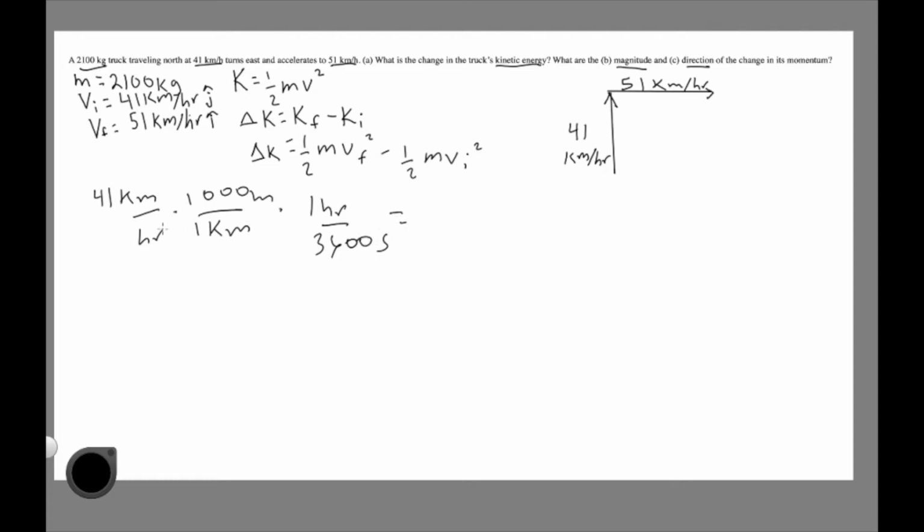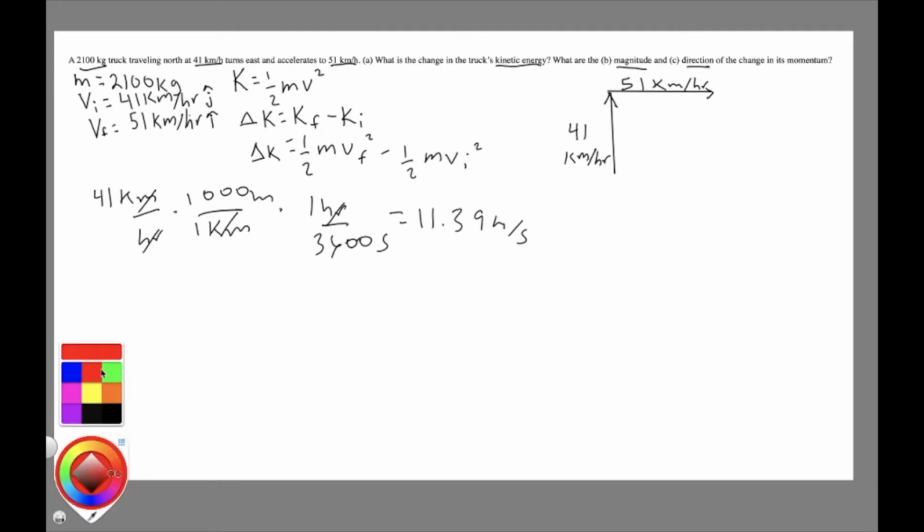The kilometers are going to cancel out and the hours are going to cancel out. That leaves us with about 11.39 meters per second. So let's write that over here.